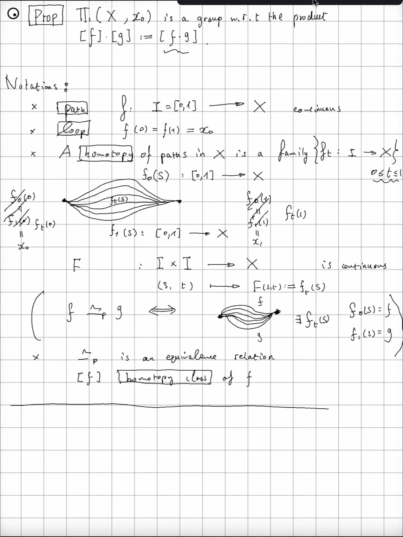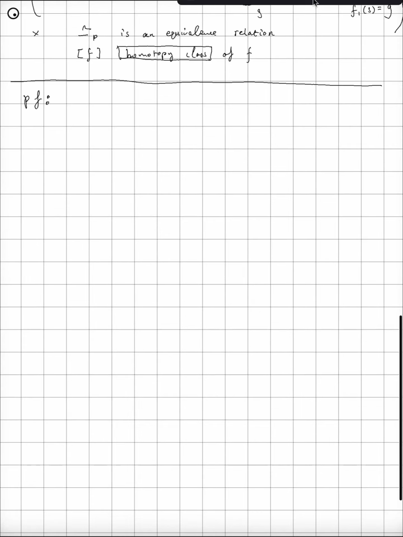Okay, so let's start the proof. Firstly, let's again quickly recall that this concatenation as a path is defined such that we can change the speed.